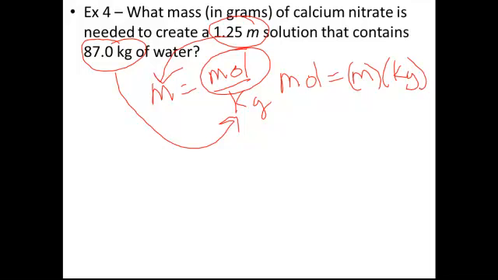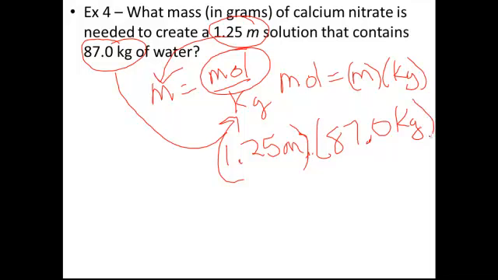The molality, like we said, was 1.25 little m, and again, that's moles per kilogram, and we're going to times that by our kilograms, 87.0 kilograms. 1.25 times 87 equals 109 moles, because our kilograms cancel.